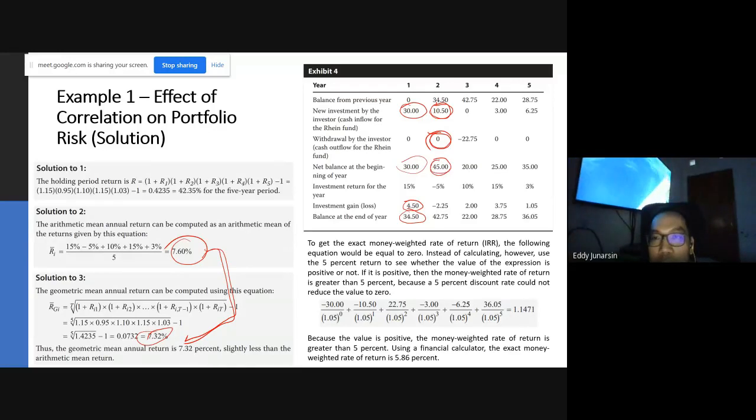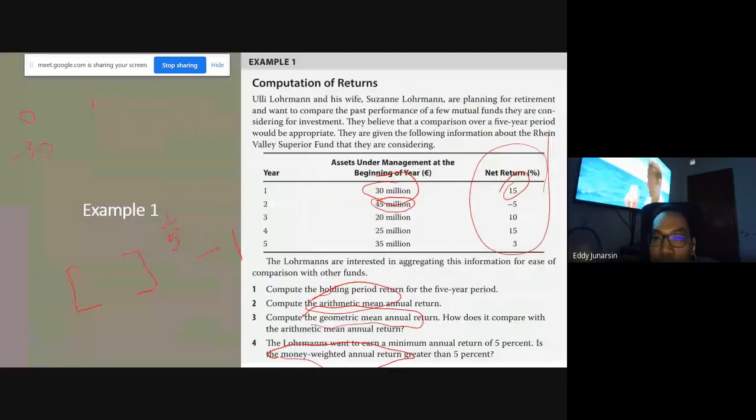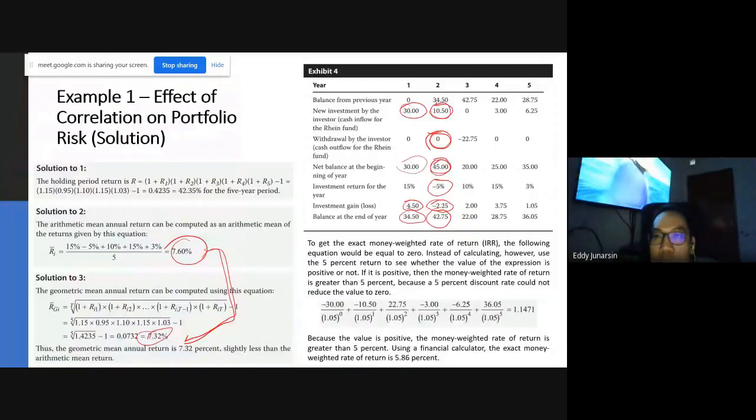So we started year 2 with 45. We lost 5%, which meant 2.25. So our balance at the end of year 2 was 42.75. But we found from the information that when we started year 3, the amount of money was 20. So 42.75, but we started with 20, meaning that there was a withdrawal. Common sense, right?